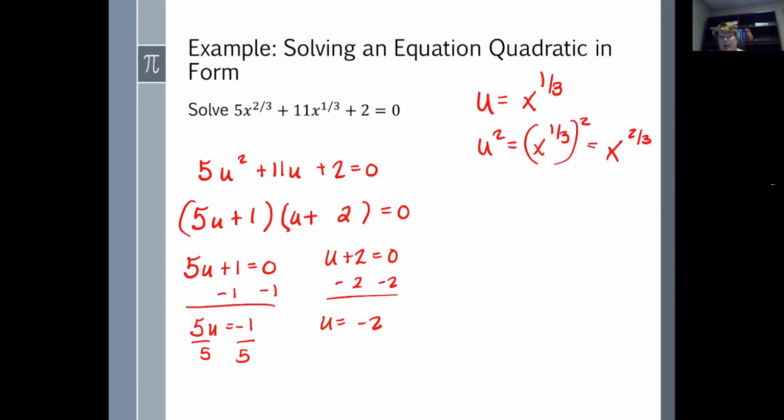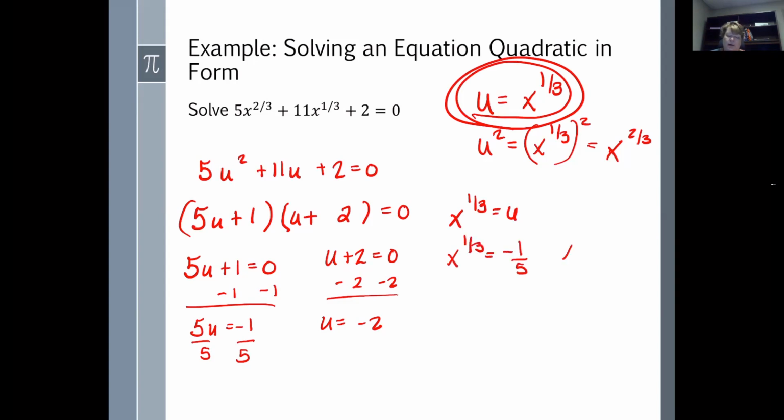And it doesn't tell me what x is. It tells me what u is. So I have to back substitute again into this equation to solve for x. So x to the 1/3 is equal to u. So x to the 1/3 is either equal to -1/5 or x to the 1/3 is equal to -2.